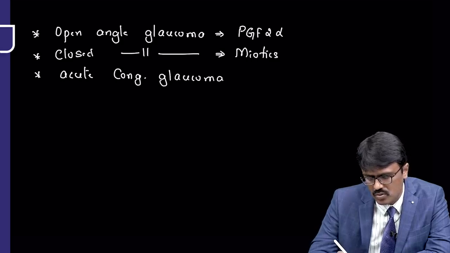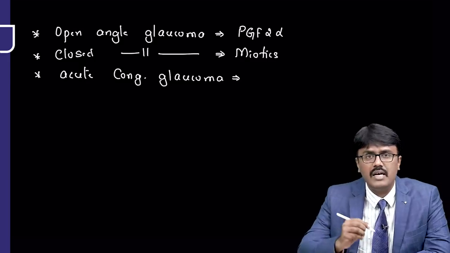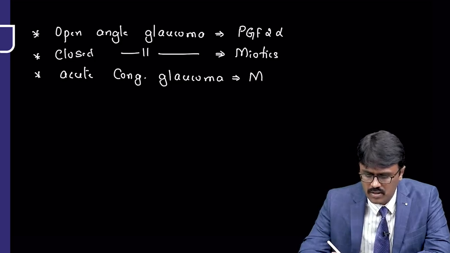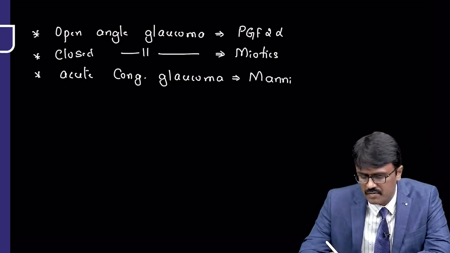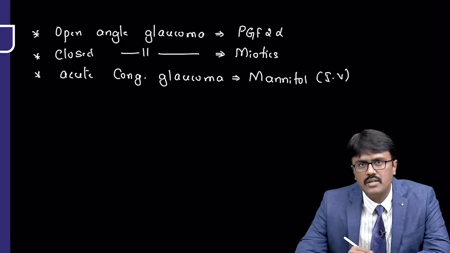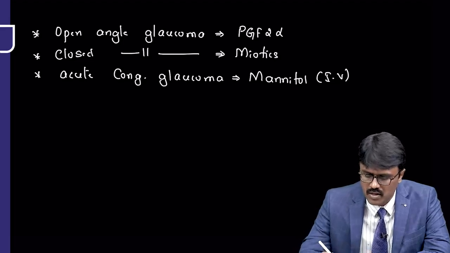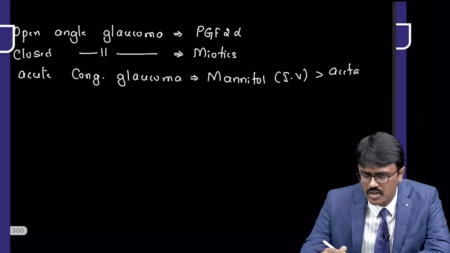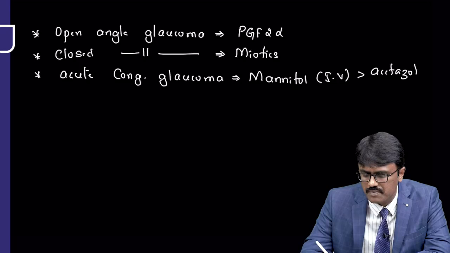See, the pressure is too high and you have to decrease it as fast as possible. So what we use is mannitol. That is the first choice, mannitol given IV. If it is not available, then we can use acetazolamide. So the first choice is mannitol.